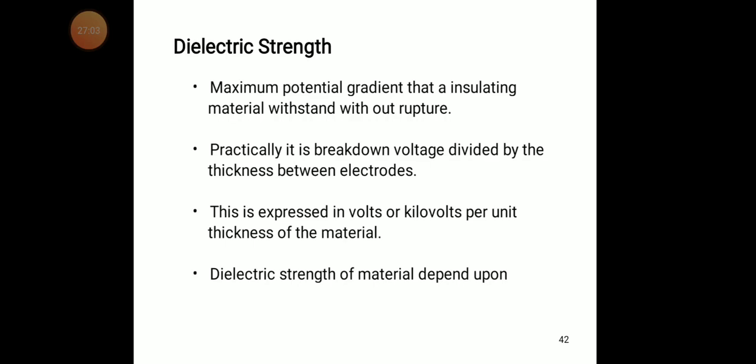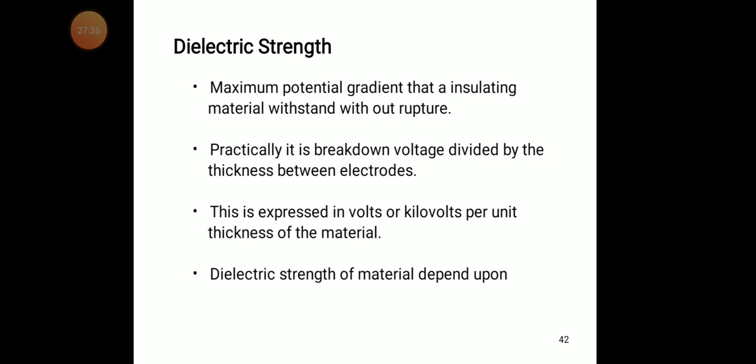So next one is the dielectric strength. We already discussed it earlier. Dielectric strength is the maximum potential gradient that an insulating material can withstand without rupture. The meaning is the maximum voltage we can apply to the dielectric material without any damage. Practically it is the breakdown voltage divided by the thickness between the electrodes.